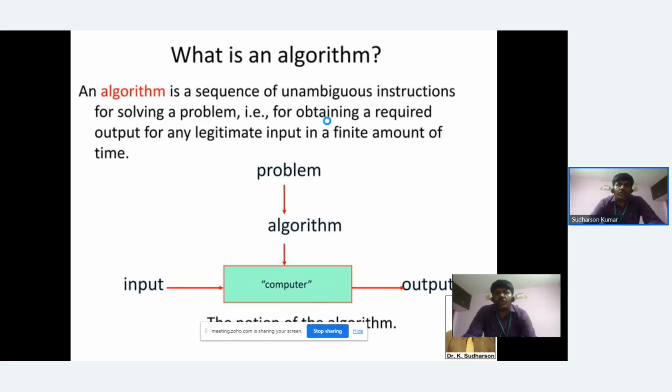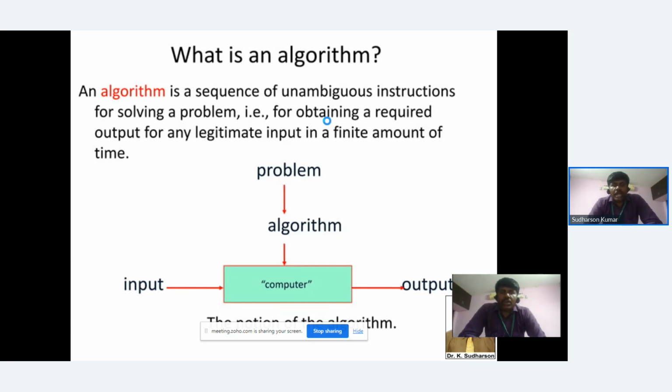Let's see what is an algorithm. As we all know, an algorithm is a sequence of unambiguous instructions for solving a particular problem. Each algorithm has at least one input, and based on that input, we apply some techniques, that is a sequence of steps, on that input, and we get the desired output.